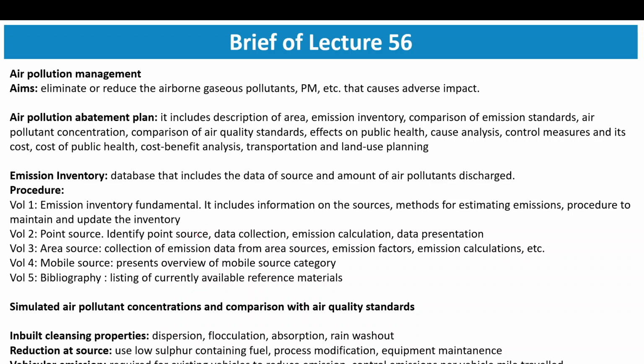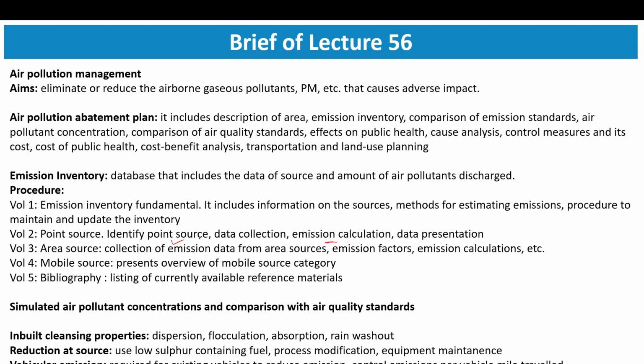If you know the source, it will be very good, because you will be able to reduce the mixing into further streams, or reduce the spread of pollution. So you identify the point source, collect the data on what the emission out of it is, and then analyze the data, and then you can think of further strategies.